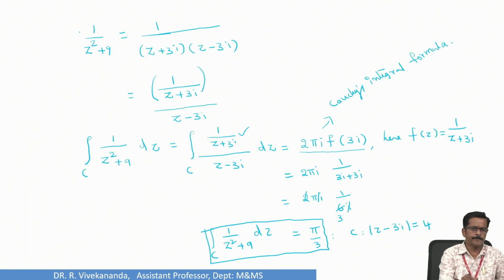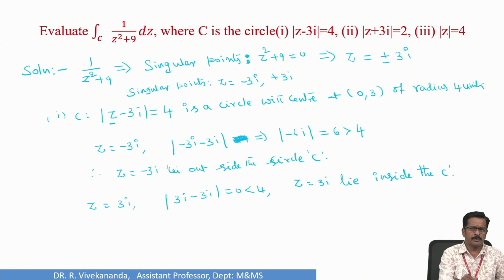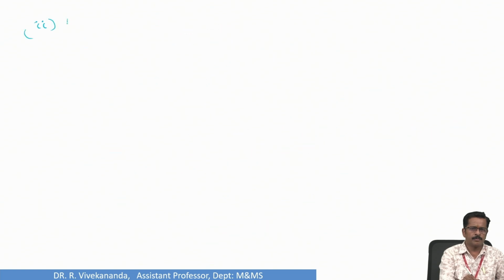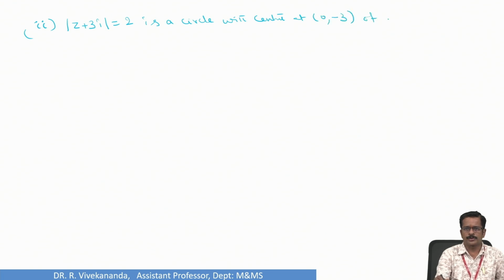C is what here? Modulus of z plus 3i is equal to 2. Modulus of z plus 3i is equal to 2 is a circle with center at (0, -3) of radius 2 units.